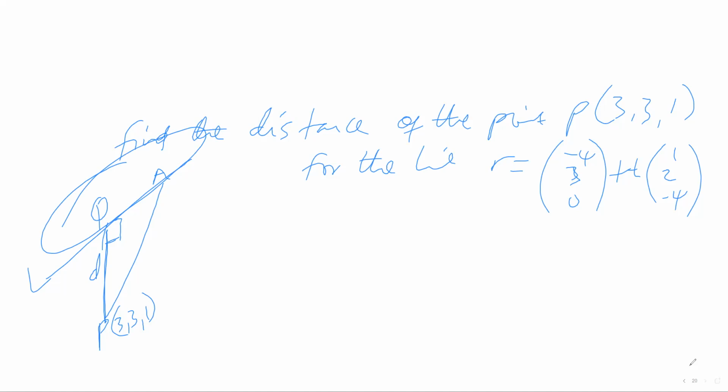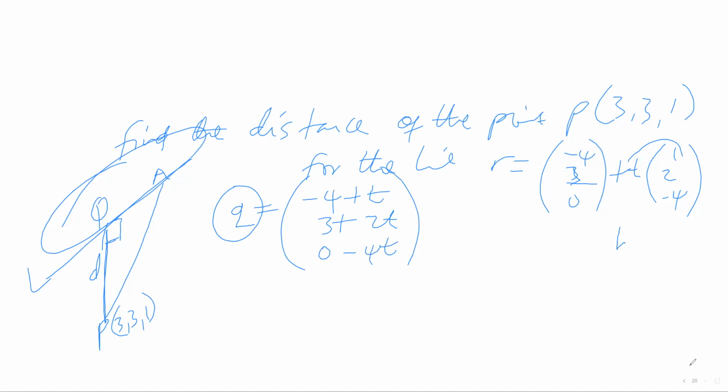So any point I'm representing will have this position vector: negative 4 plus t, 3 plus 2t, 0 minus 4t.